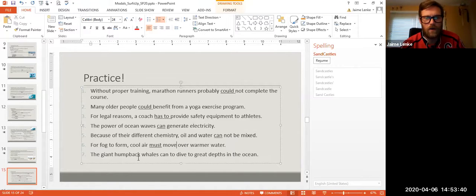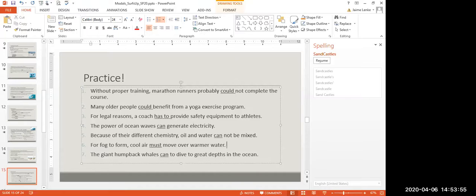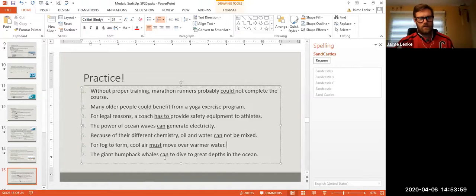And, "The giant humpback whales can dive to great depths in the ocean." The modal here is can. What do you think? Have to. No, they don't have to. Ocean whales could just swim about 2 feet below the surface and still do their thing.